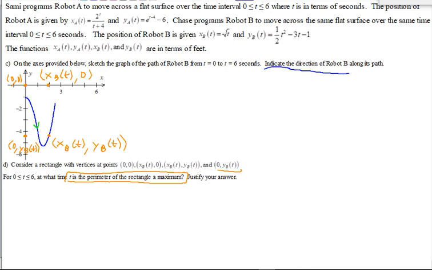So notice if you were to draw it in here, you can see these two sides have the y coordinate giving you that, and these two sides are the x coordinate. The only thing you have to be careful of is because it's in the 4th quadrant, your perimeter would be 2 times the x coordinate, so 2 times x sub b of t, and 2 times the y coordinate, y sub b of t.